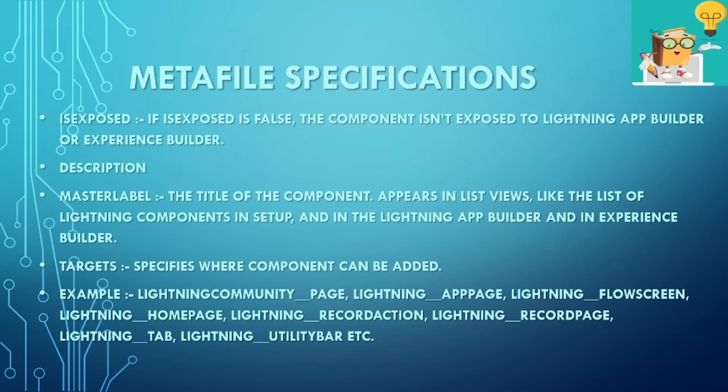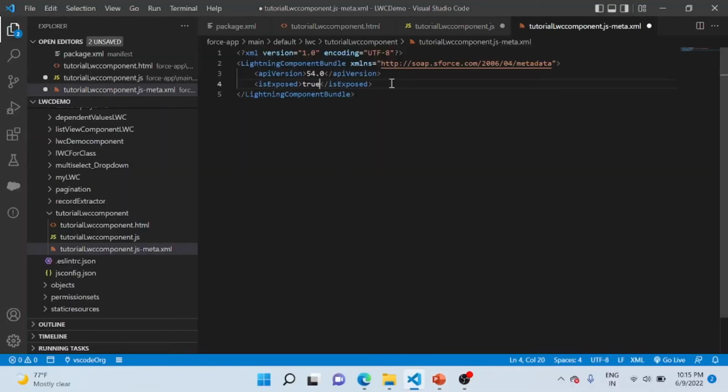So we will go through them one by one as we move forward in our tutorial, in our further videos, when we will be doing a deep dive into the code. So for now, let's say I just want to expose the Lightning Web component as a tab. So how will I do it? I will be specifying targets here.